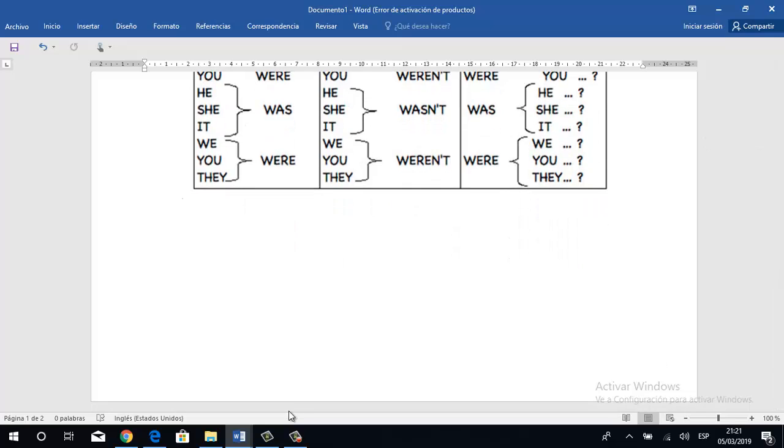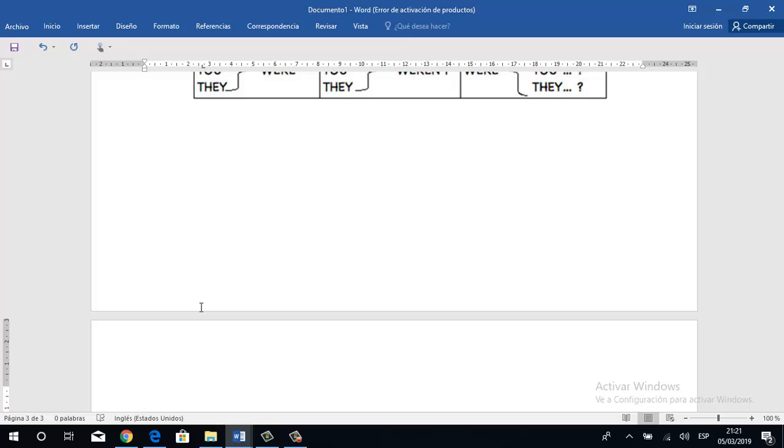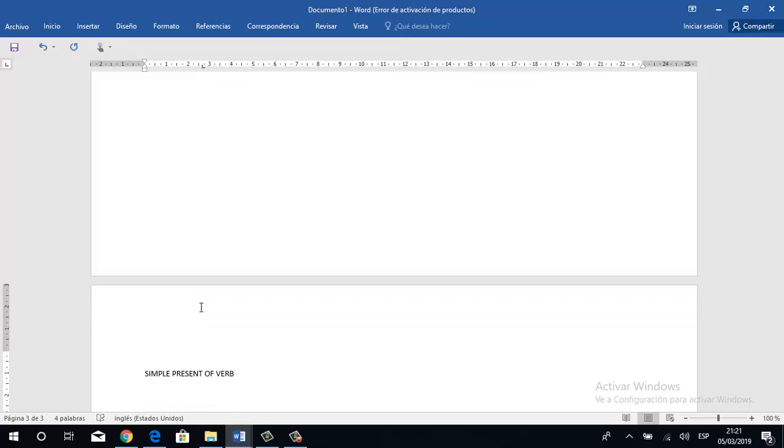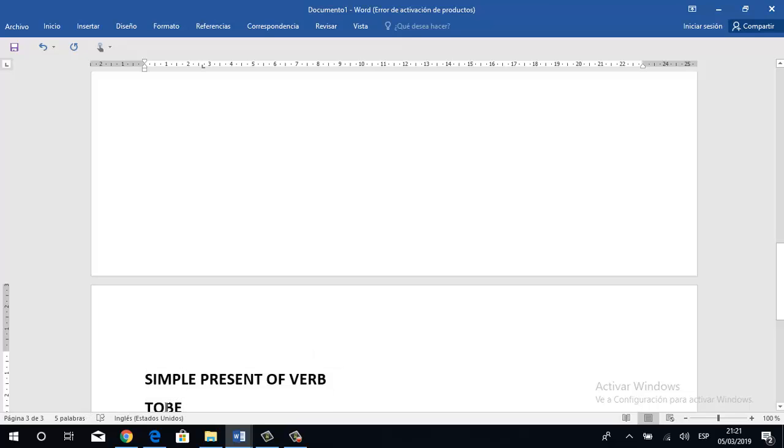Let's use this final page so you understand. For example, whenever we're talking about the simple present of the verb to be, we are going to talk specifically about the verb to be in simple present, which is the conjugation that you know very well.